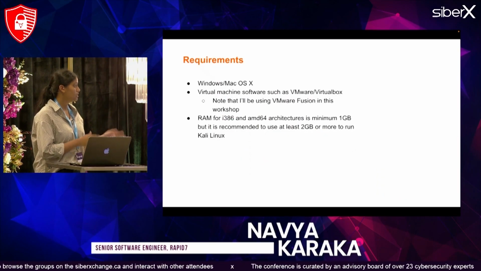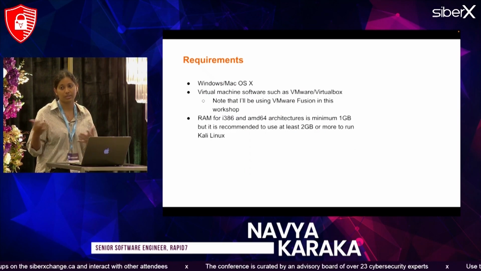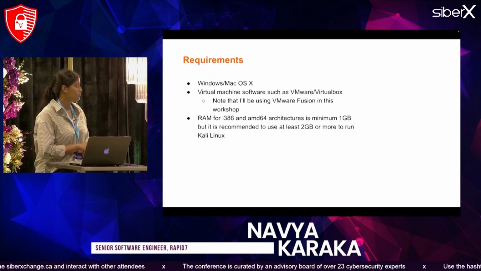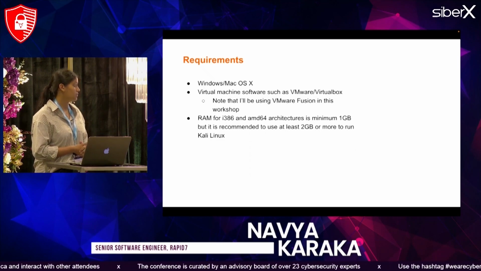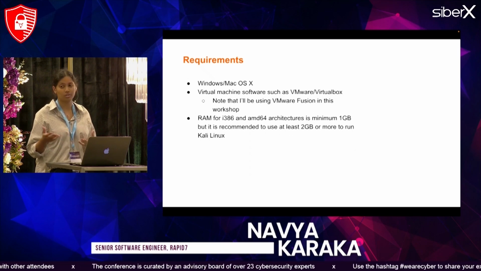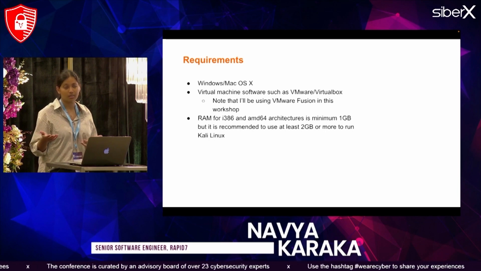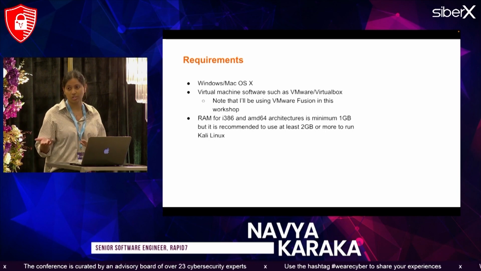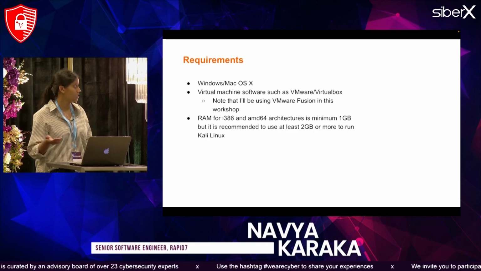Just a quick requirements suggestion, in case you're following along today, or if you want to set it up later on as well, is to have a Windows or a macOS system. It is recommended to use a virtual machine to set up your Kali Linux or any other target machines, instead of setting it up as your host machine. In case it gets corrupted, you can just delete your VM and reinstall a new one.